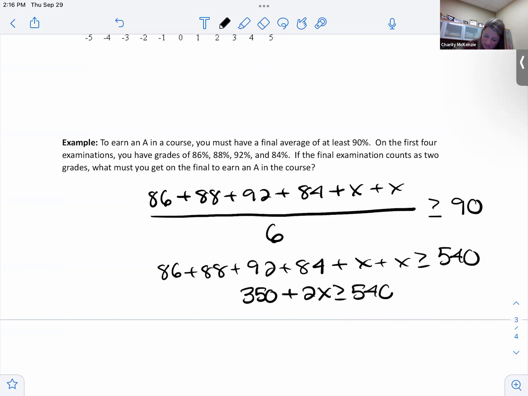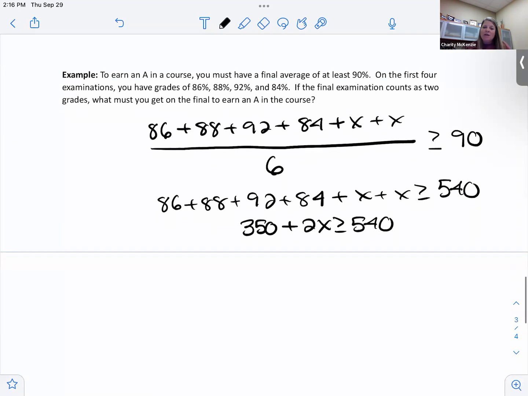Now we're pretty much at something we can solve. So then we're going to get the x by itself. The 350 has to be minused over first. So I'm going to minus that, and I get 2x is greater than or equal to 190, almost 200.